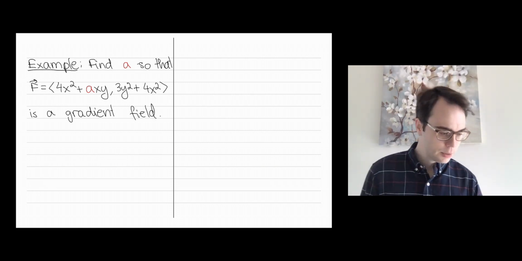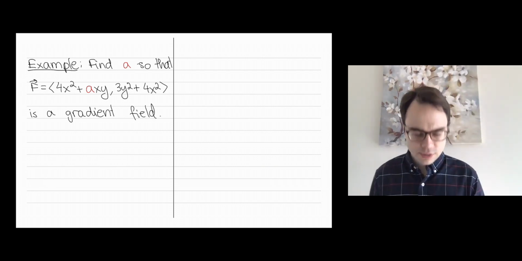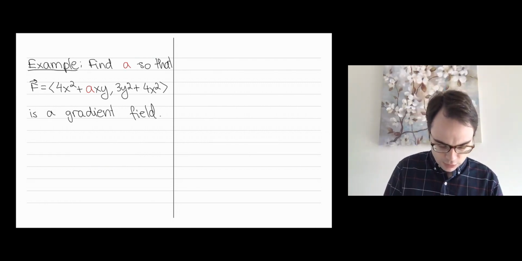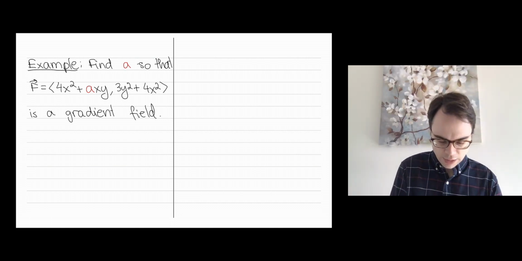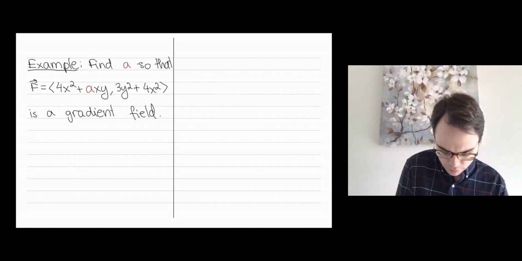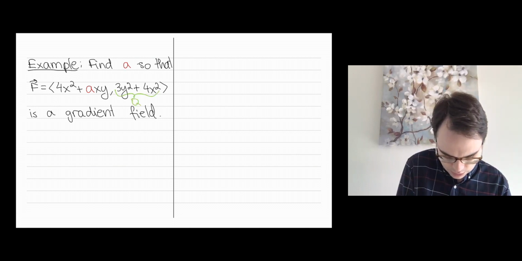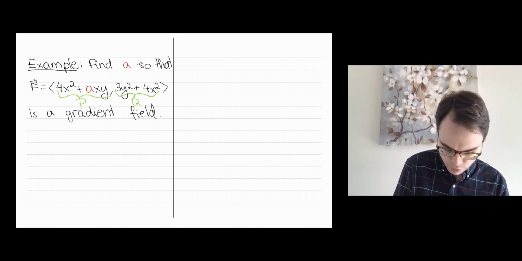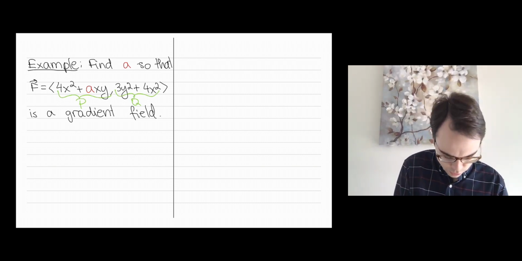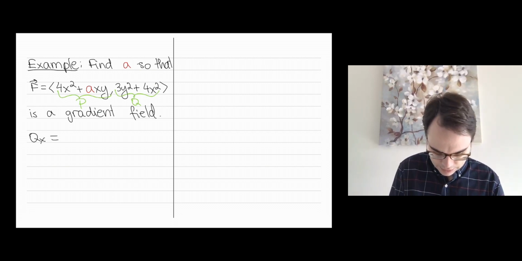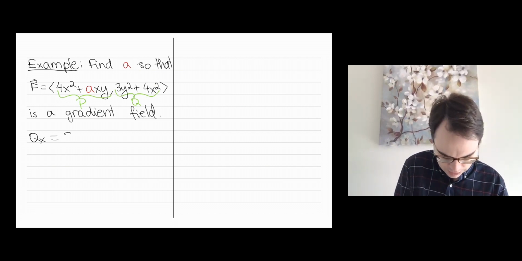So that's our job. So here's how we do this. Let's take the partials, the x partial of the second component. Let me call that second component q, as I normally do, and the y partial of the first component, let's call it p, as I usually do as well. So q sub x in this case, the x partial of q, is just 8x.